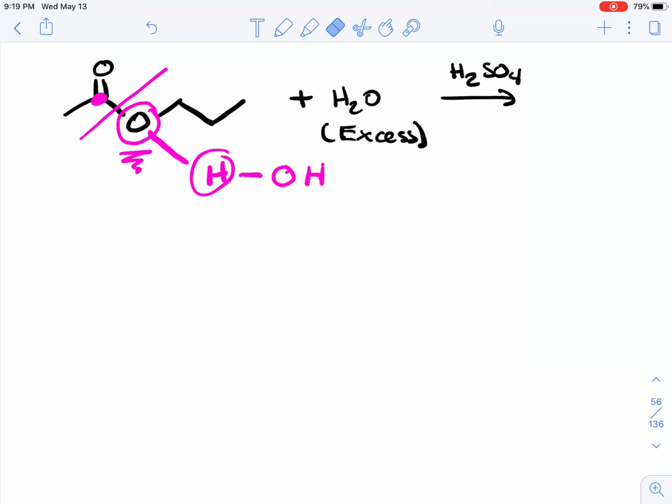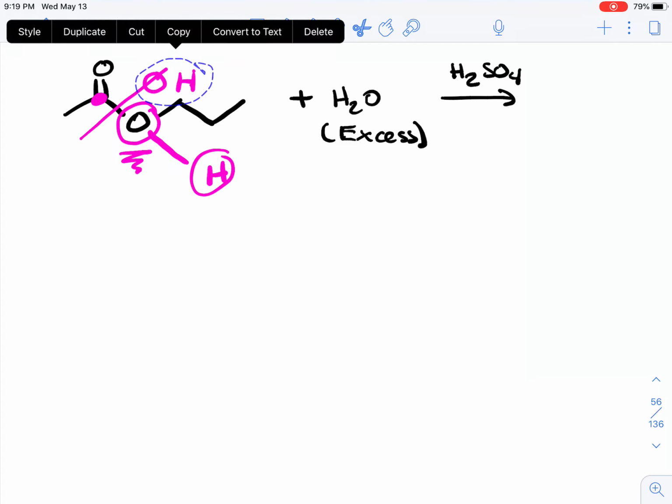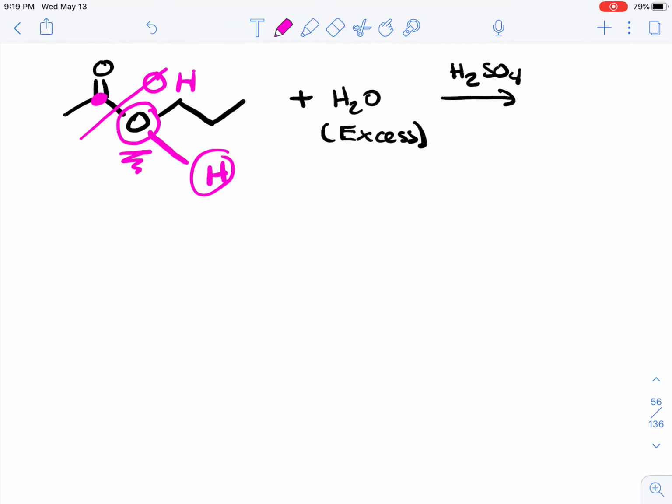And then this water molecule, that bond is going to break such that the OH is going to form a covalent bond with a carbonyl oxygen. And so, I'm sorry, not carbonyl oxygen, carbonyl carbon.